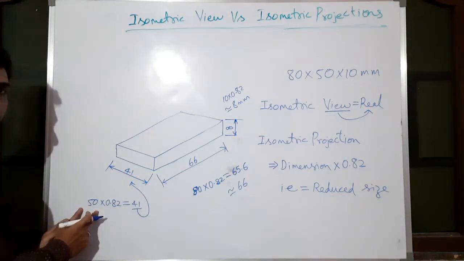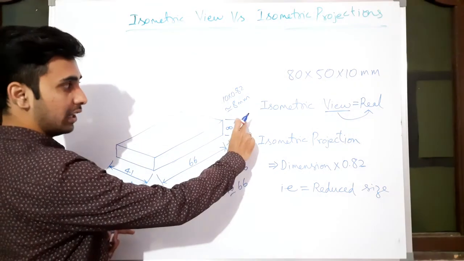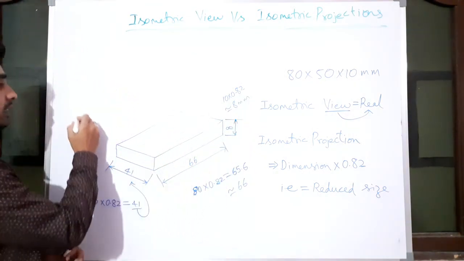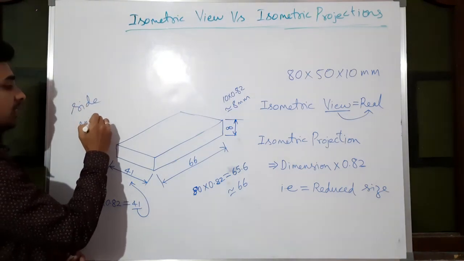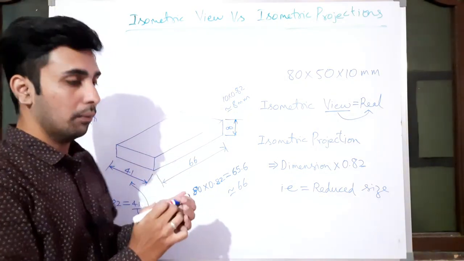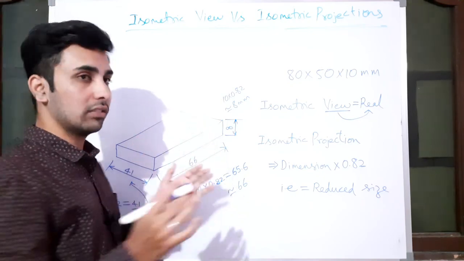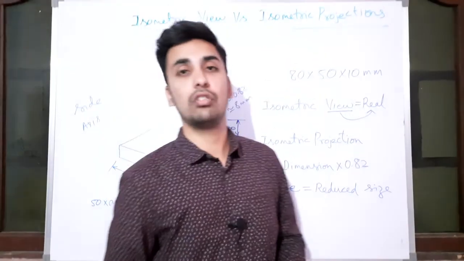Here 50 mm into 0.82 is 41. The 10 mm height, 10 into 0.82, will become 8 mm. Similarly, the side of the hexagon and the axis of the hexagon also need to be reduced. As soon as you reduce all the dimensions, the box size, other distances and midpoints automatically get reduced. Further, there is no need to multiply with 0.82 again.